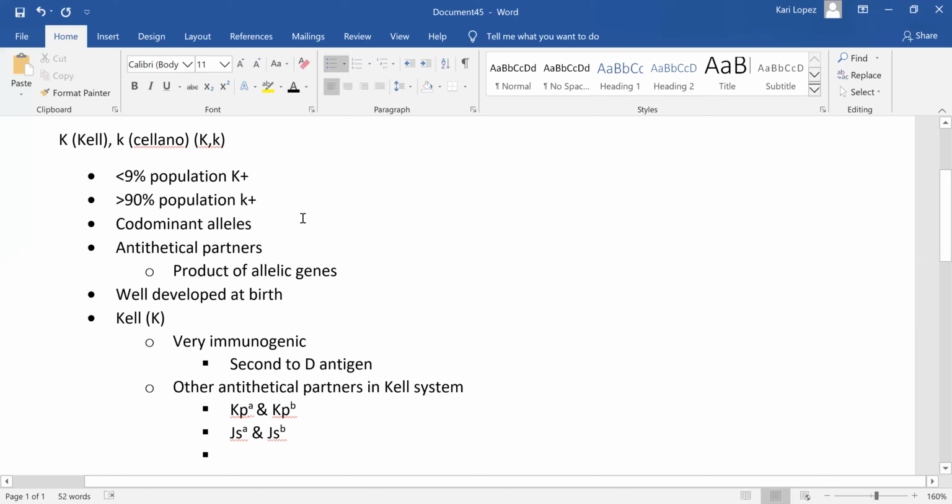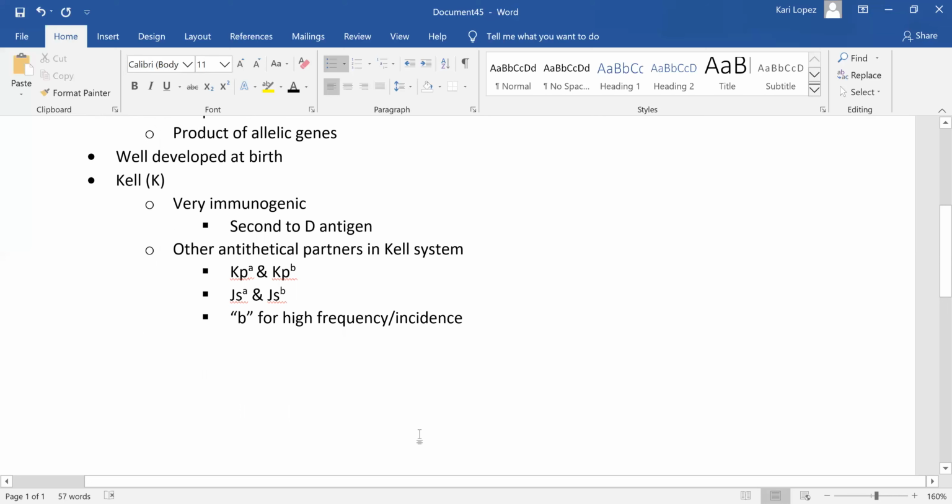Meaning not for everything, just for this Kell group. So KPB has a higher frequency or incidence rate than KPA, and JSB has a higher frequency than JSA, which means people are more likely to have KPB or JSB than they are to have KPA or JSA.